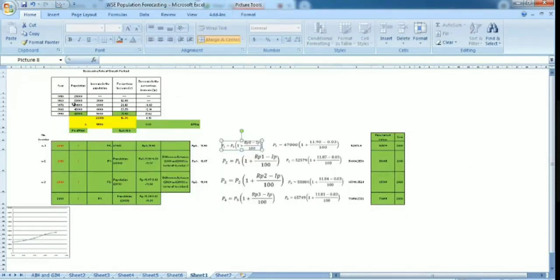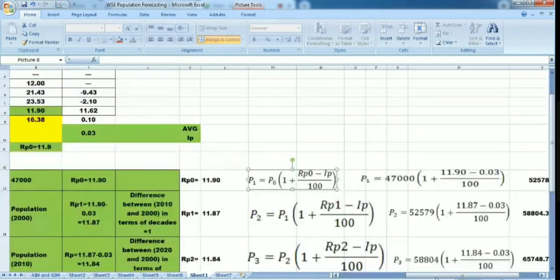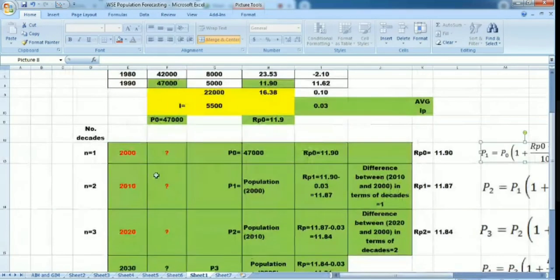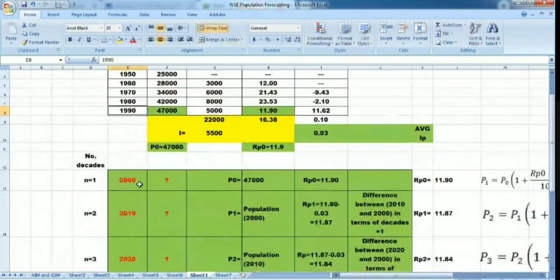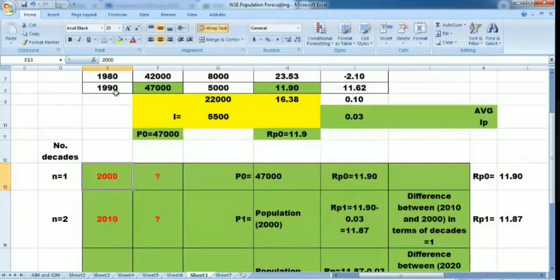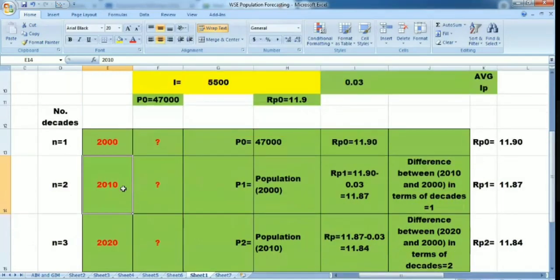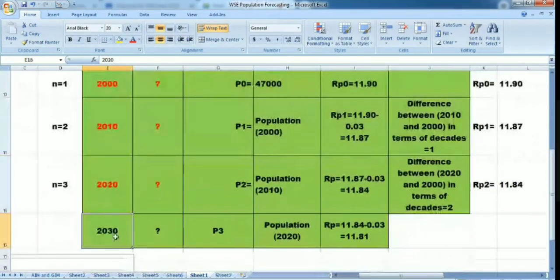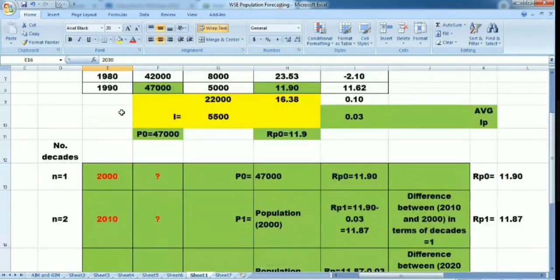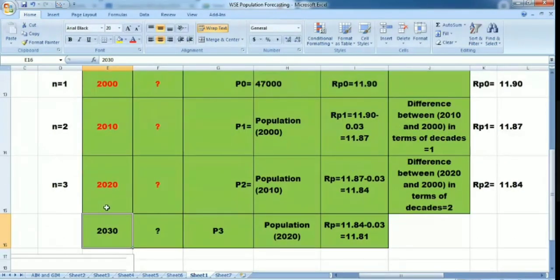Yesterday, we considered exactly a 10-year interval: from 1990 to 2000, 1990 to 2010, 1990 to 2020, 1990 to 2030. That means we had a difference of 10 years, 20 years, 30 years, and 40 years.